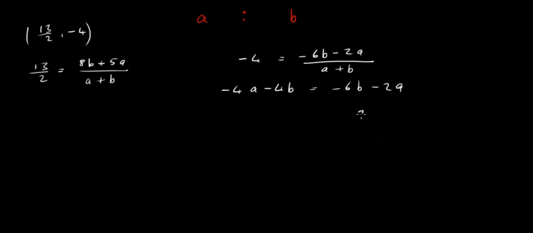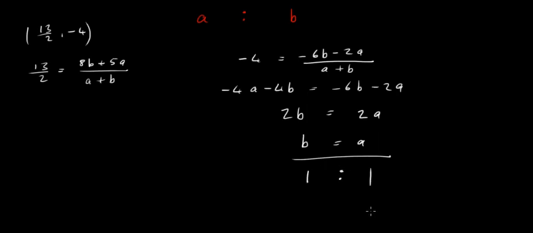You'll get 2a on this side. Add 6b to both sides, and you get 2b on this side. So really you get b is equal to a. So that will just tell me that the ratio must be 1 to 1. If a and b are equal, the ratio must be 1 to 1.